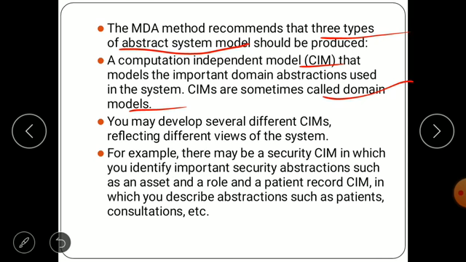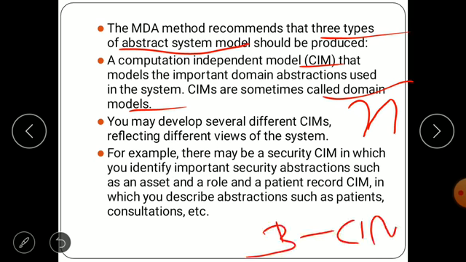You may develop several different CIMs, reflecting different views of the system, which means there are several views of the system.